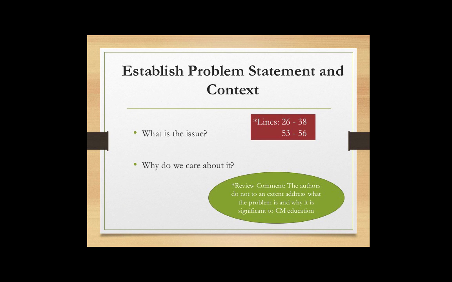To begin writing the body of the paper, you need to first establish the problem statement and the context of the problem. You notice on this slide, we have a red box that contains line numbers. That is so that you can compare the content of the slides to a specific paper that you can download, which has been provided to us by the authors as an example of all these different topics within the slides.